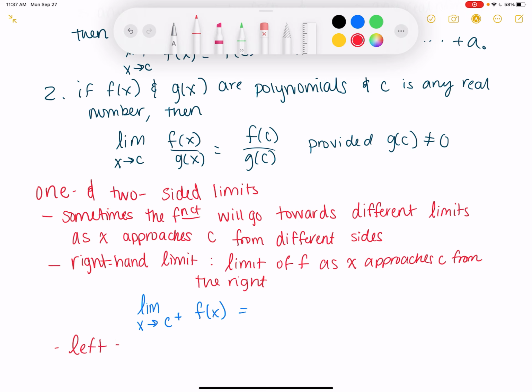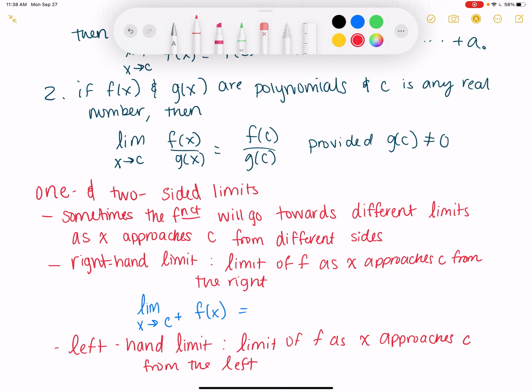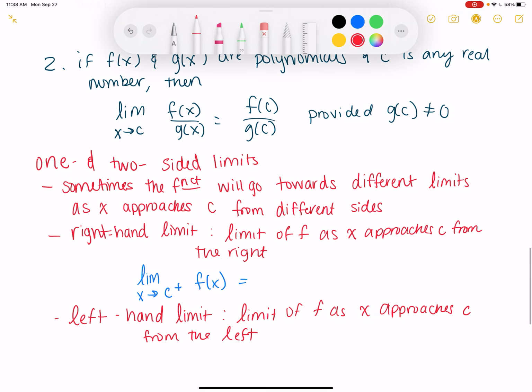The left-hand limit is the limit of f as x approaches c from the left, and that looks like the limit as x approaches c, and in the exponent it's just going to be a little negative sign.